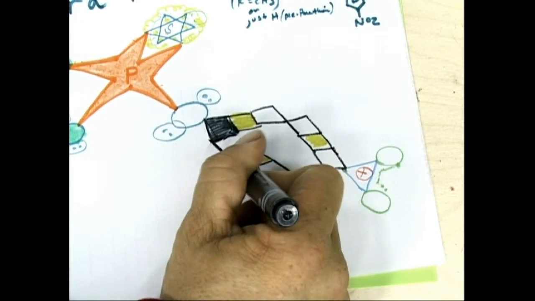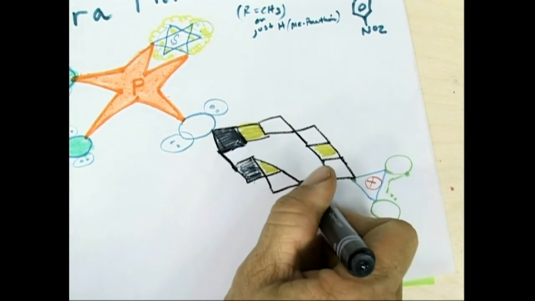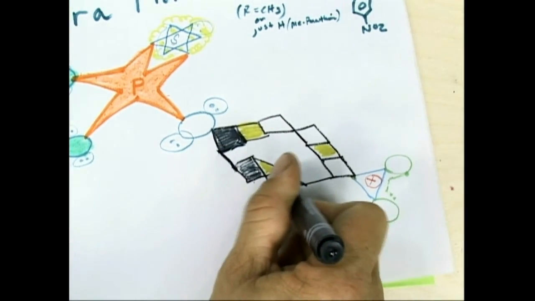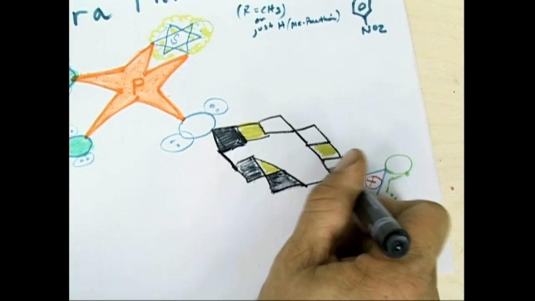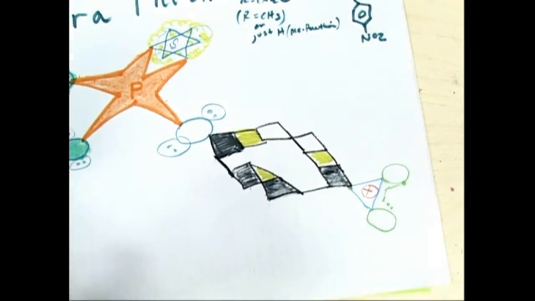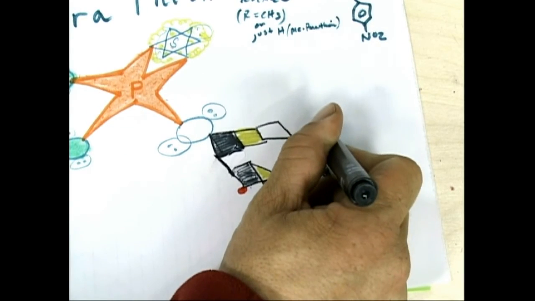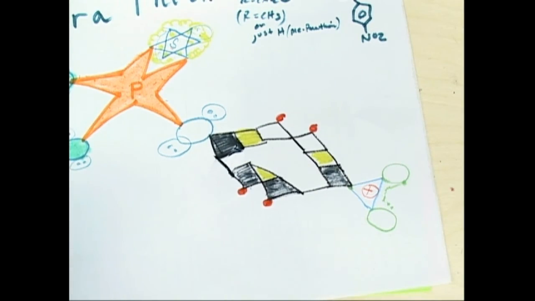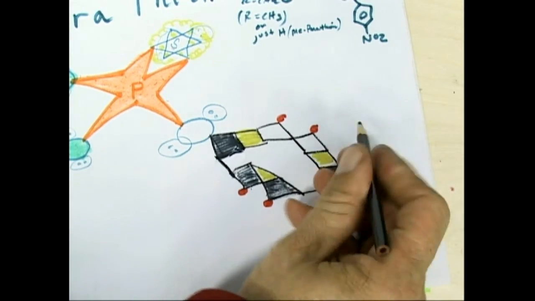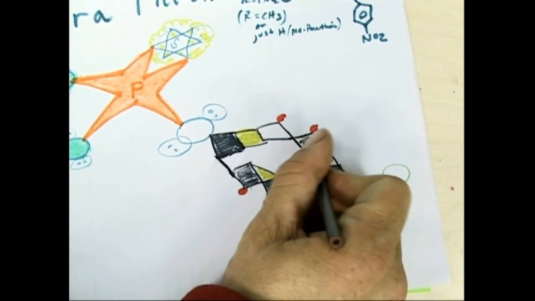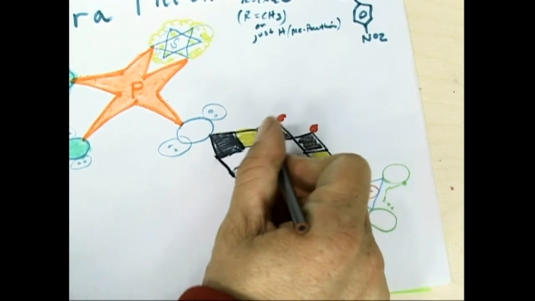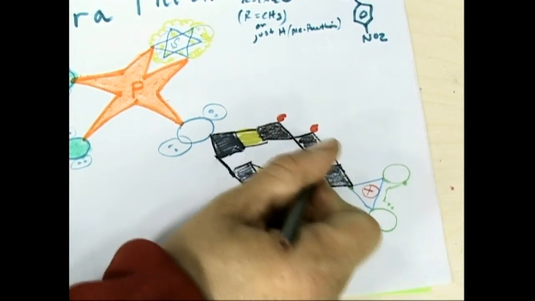Single bond to that, diamond. Diamond. Oh, see, I'm coloring them in before I did them. So we're going to have one dot. It's got a bond, one dot, one dot. Speed things up here a little bit.